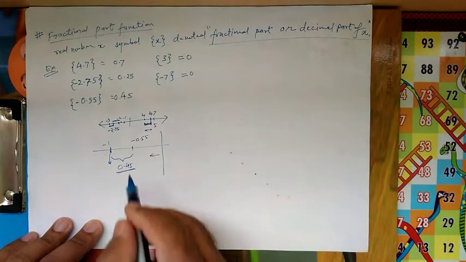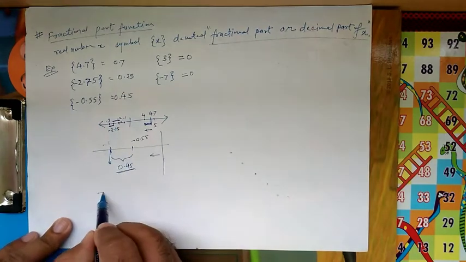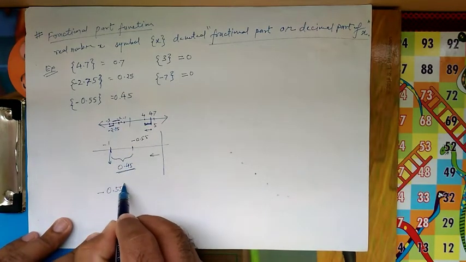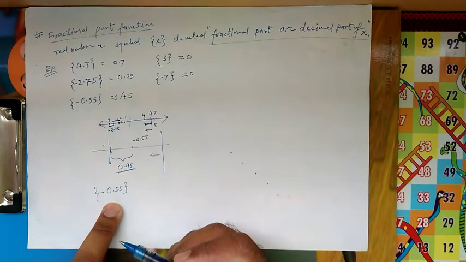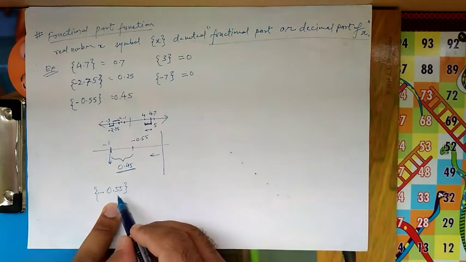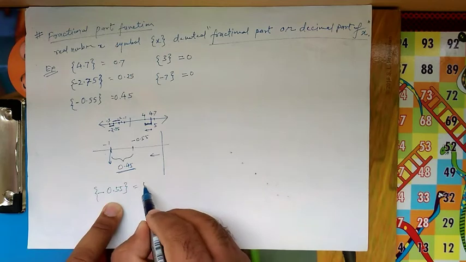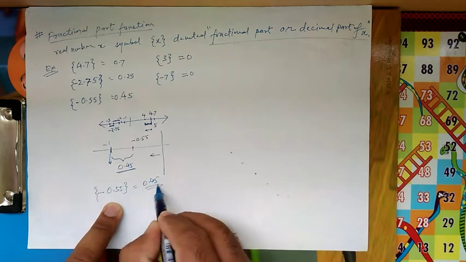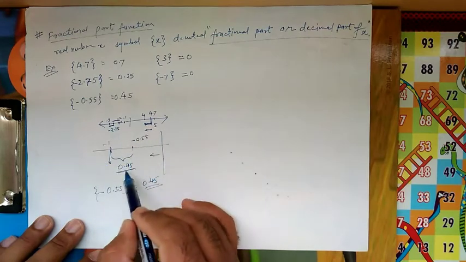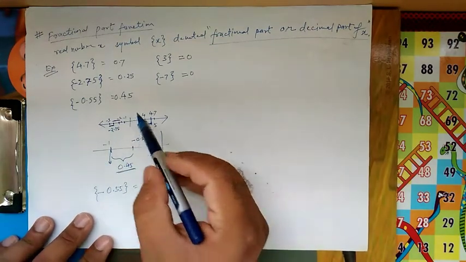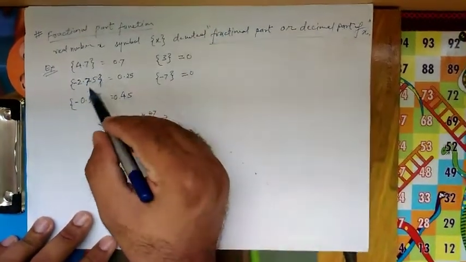It says if this is -0.55, and we want to write the fractional part of this one, it will be equal to 0.45. There is a little change in negative sign only, but for the positive sign we need not worry about it.